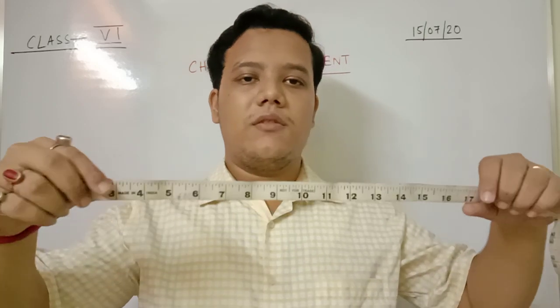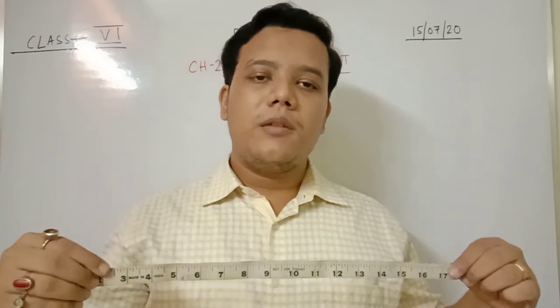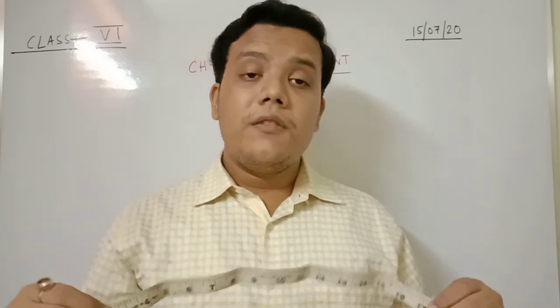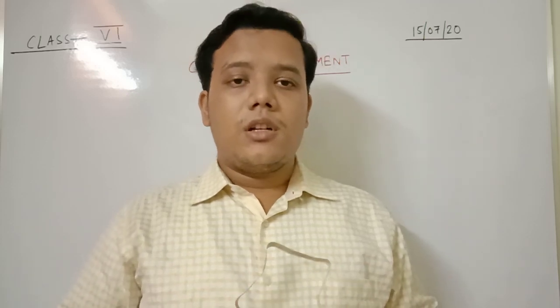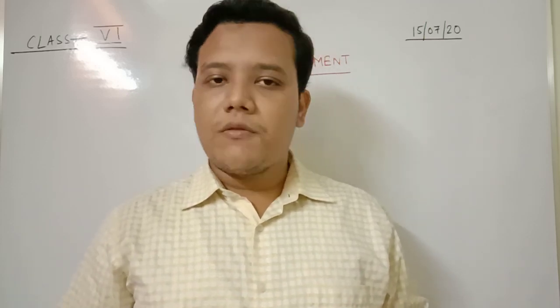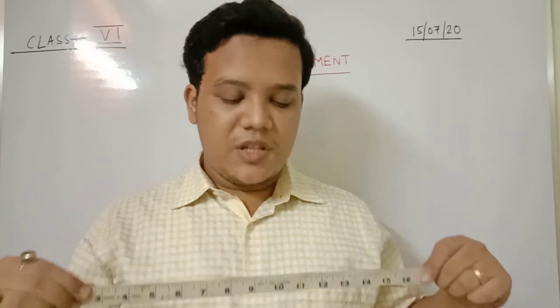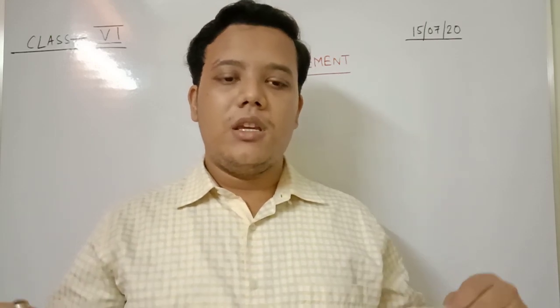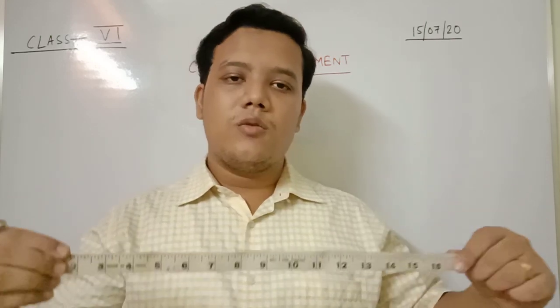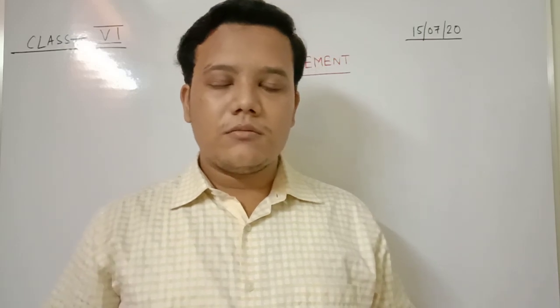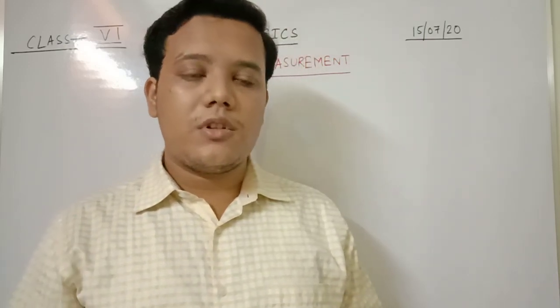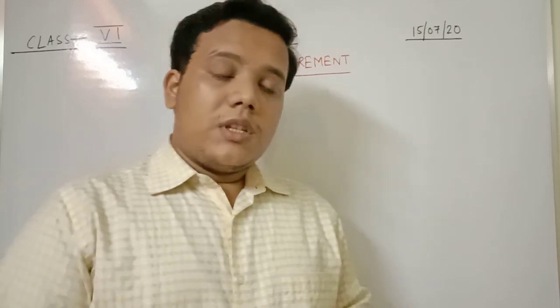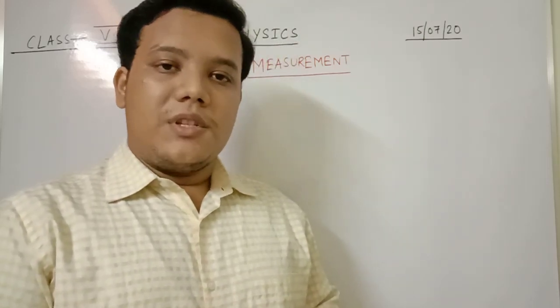He will use it so that he can get the proper measurement. And if he stitches the shirt in an improper manner, it will not fit. So that measurement needs to be proper. That is why he will use such a measuring tape to get an accurate measurement of your body, to stitch your clothes. So this is why the need of measurement was there.